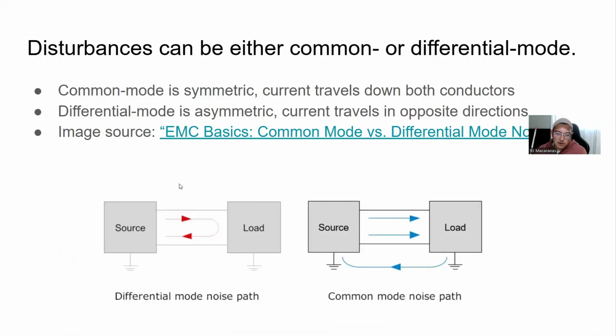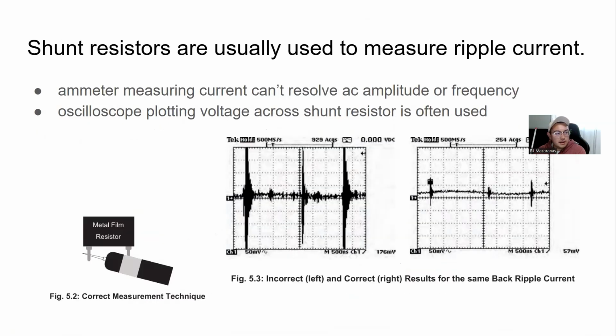Whereas differential mode noise or disturbances will travel in opposite directions, as seen on the left here. For example, right, we have our power and our power return path going between the source and the load. And so obviously, based on the type of disturbance that we're targeting, we'll need different forms of filtering. And we'll get into the different types of filtering soon.